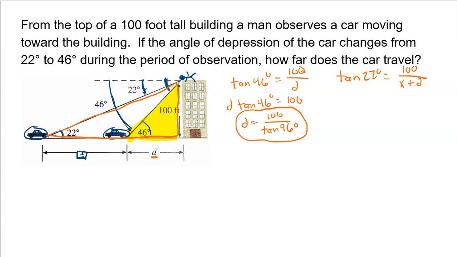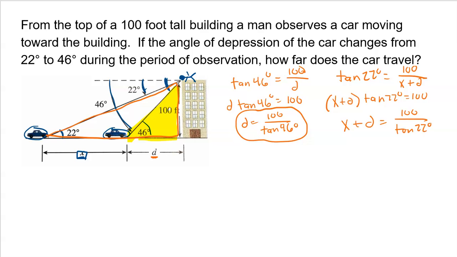So let's see here. So I'm going to solve this for x. So I'm going to multiply the x plus d to the other side. x plus d times tangent of 22 degrees equals 100. I'm going to divide the tangent of 22 degrees over. So x plus d equals 100 divided by tangent of 22 degrees.